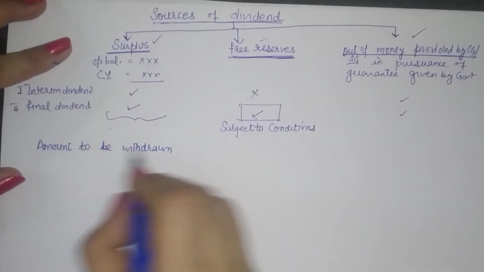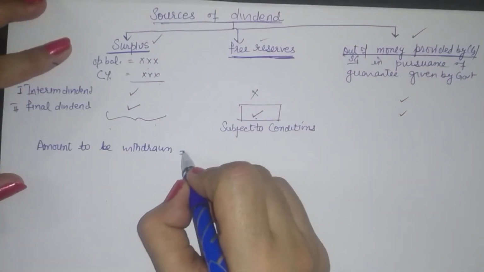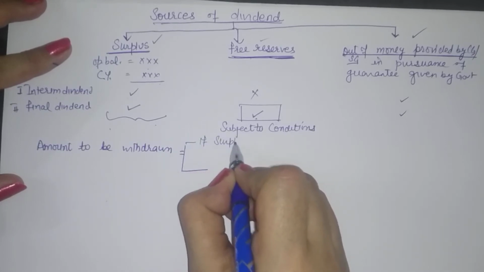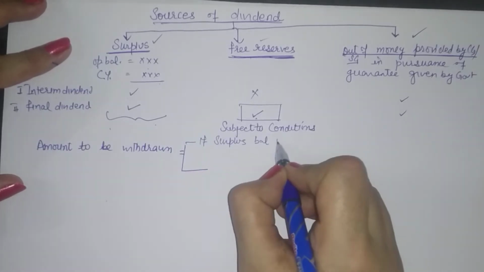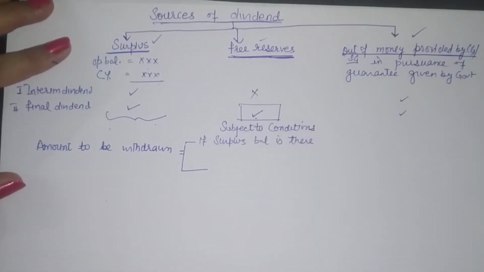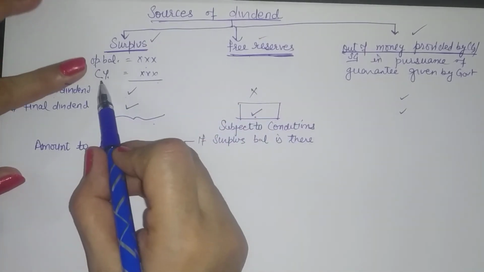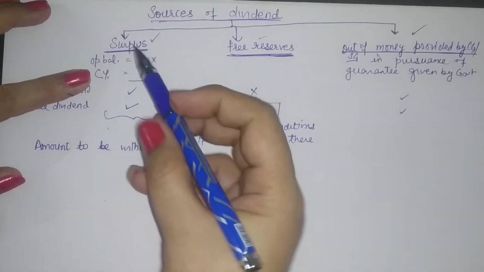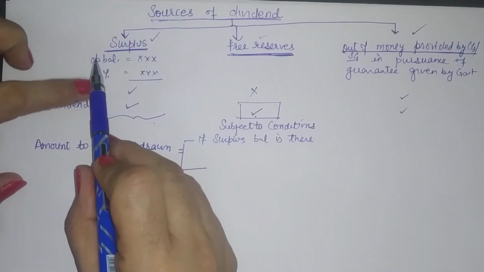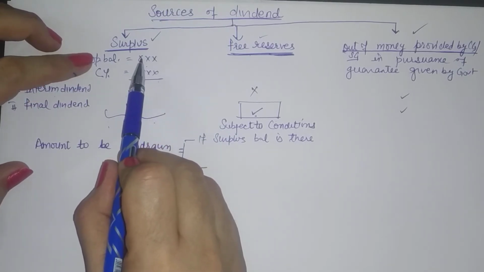So the amount to be withdrawn will be equal to, if surplus balance is there, that is, you have some balance left in the surplus, maybe in the opening balance, or current year profit is there, or in the current year you have some loss and you utilized your opening balance to cancel this loss and you are still left with some balance here.